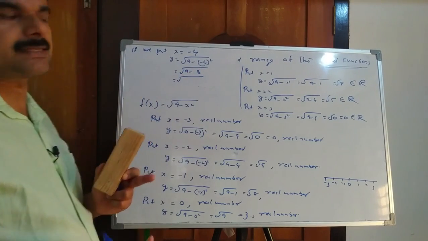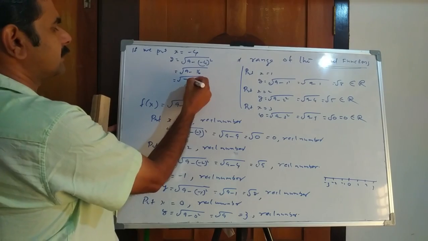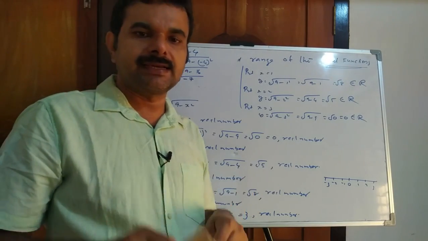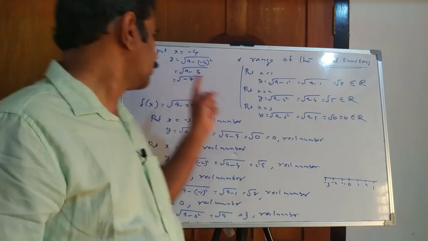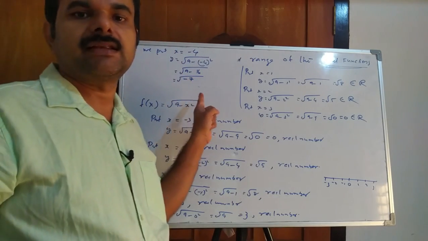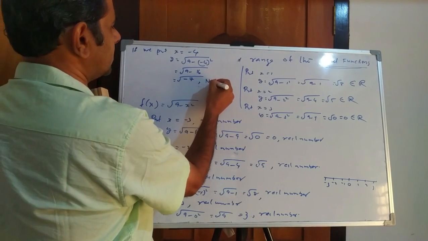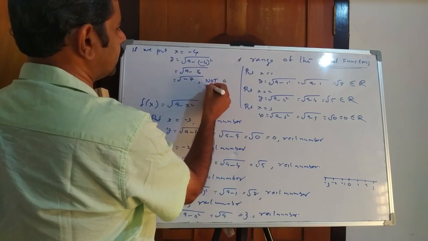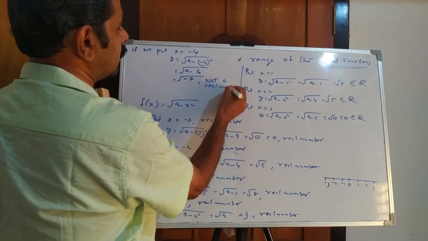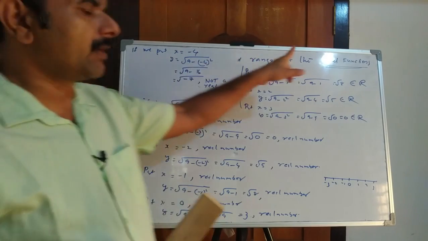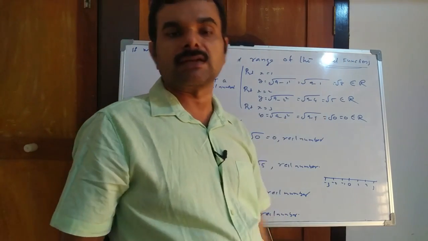What's 9 minus 16? Minus 7. Here the root symbol contains a negative. So root of negative 7 is not a real number. So if we take x equal to minus 4, the function will not be a real function.